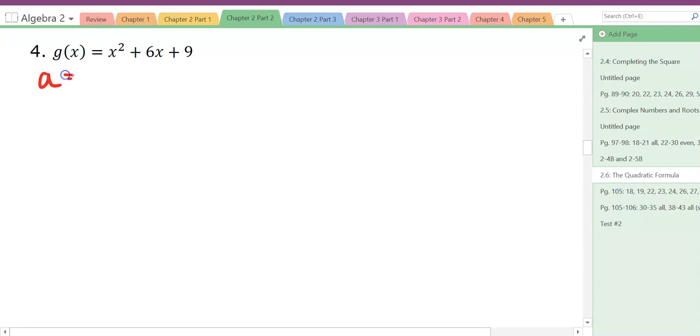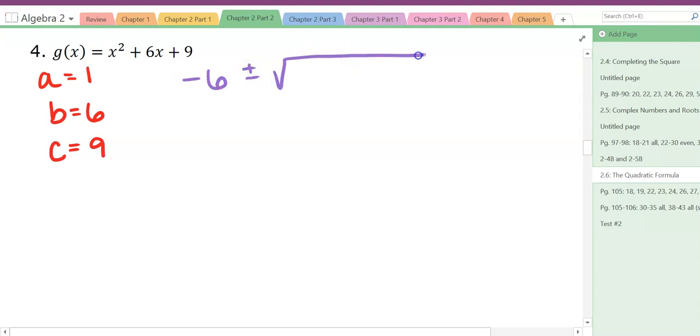So your a for this one is a 1, your b is a 6, your c is a 9. So we're going to do opposite of b, so negative 6 plus or minus the square root of b squared, which would be 6 squared, minus 4 times 1 times 9, all over 2a.